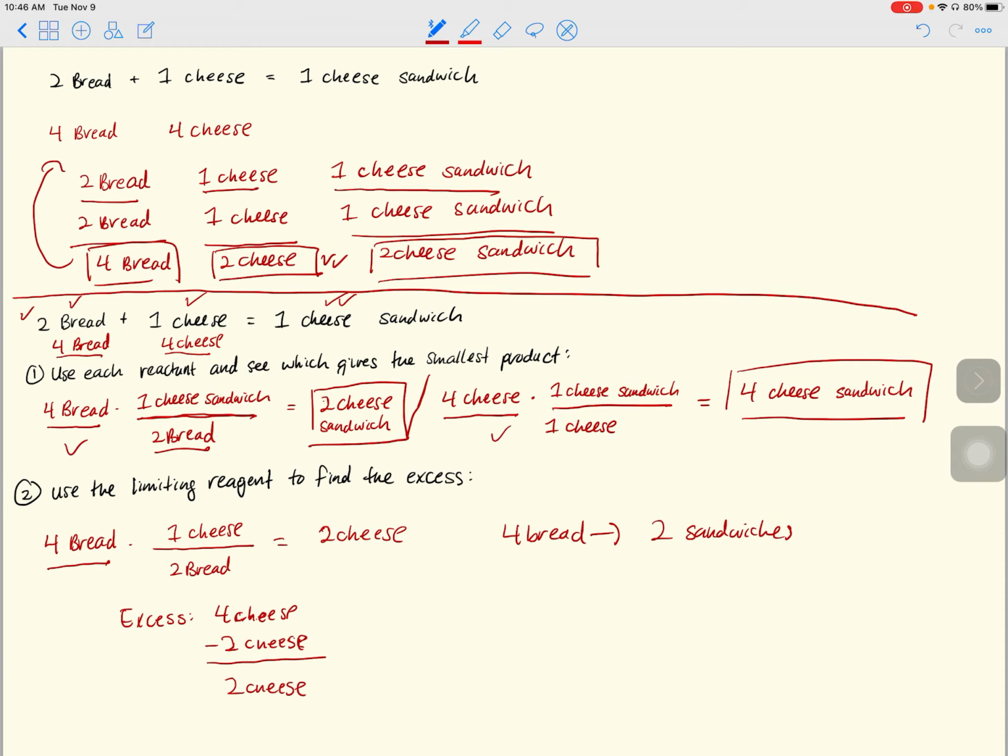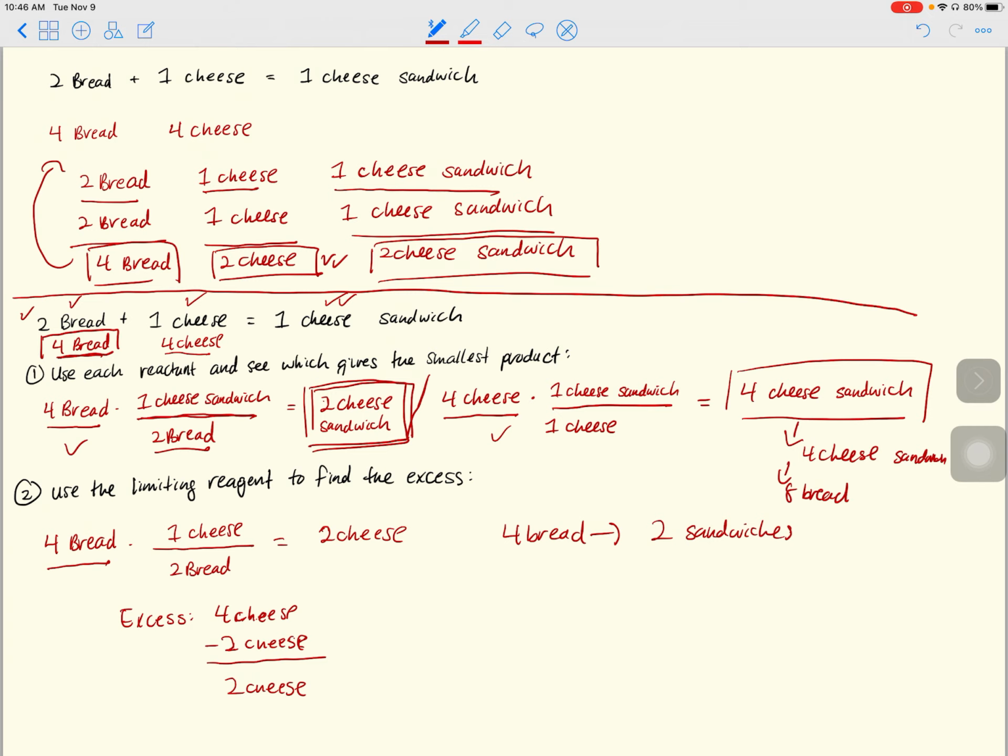And the shortcut is we always use the smallest product. But let's just say hypothetically you want to argue that, Jay, this has to be 4 cheese. Okay. And so in order for me to make 4 cheese sandwiches, how many bread do I need? I need 8 bread. But do I have 8 bread? No, because I already found 4 bread in my fridge.